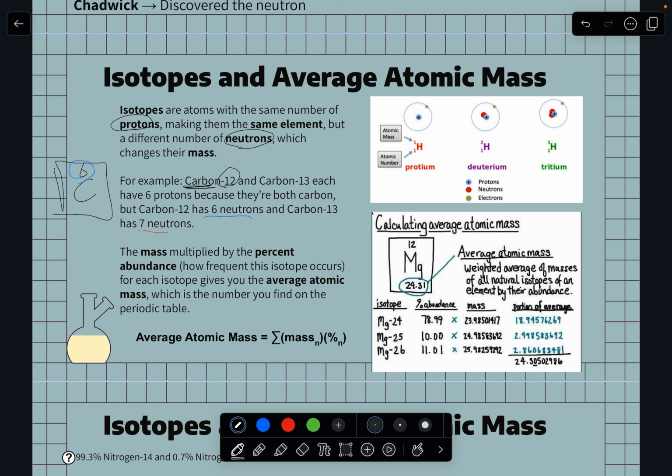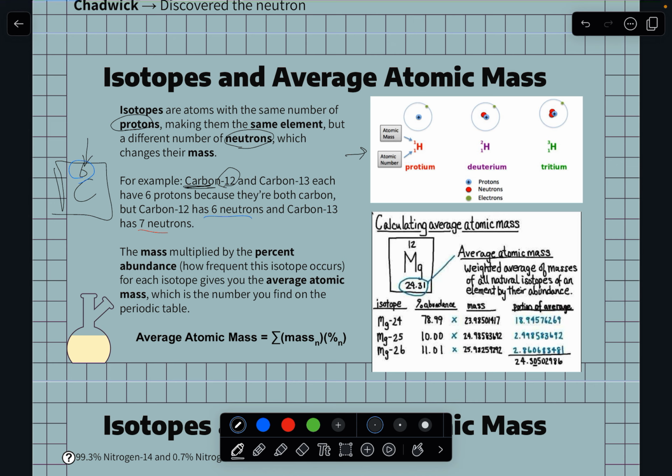You can also have it how it's shown in the image on the upper right, where H is hydrogen, that's the element. The number on the top left is the mass, so it has a mass of 1. The number on the bottom left is the atomic number. That's the same as the number at the top of the square on the periodic table.